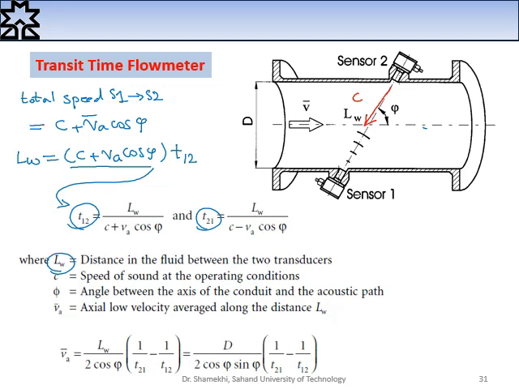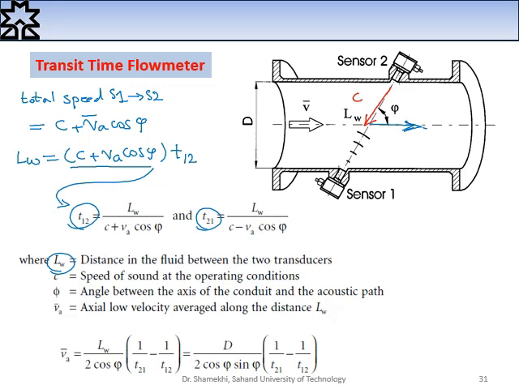But the direction of the fluid velocity is the same as the first condition.